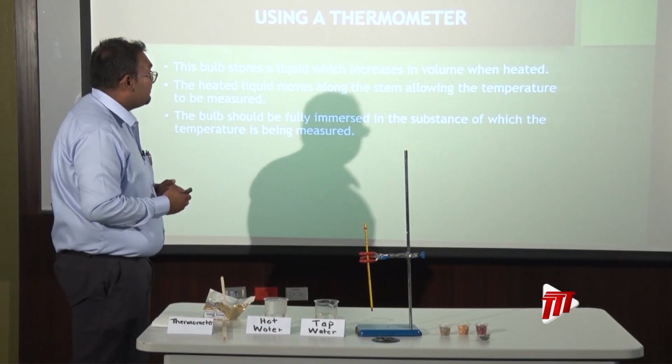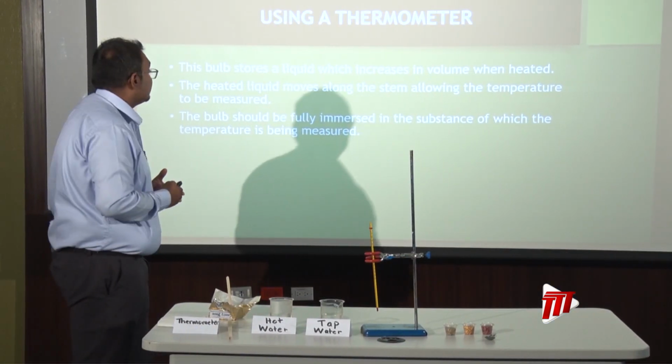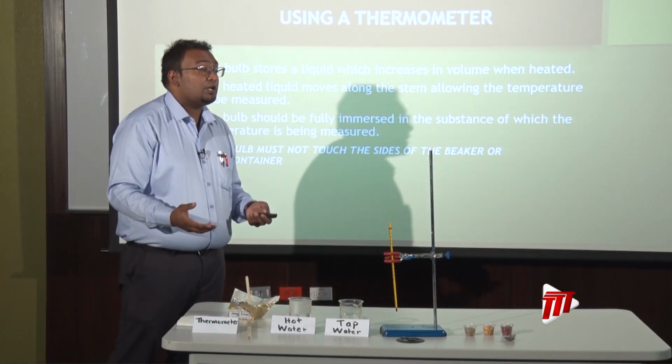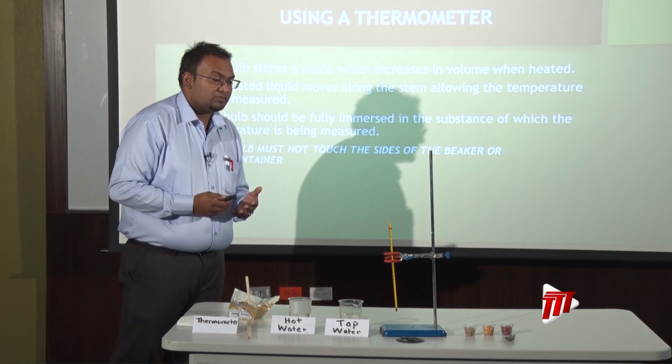In this case, since we are using a laboratory thermometer, the bulb must be fully immersed into the substance it's measuring. Very important, as we'd be using thermometers in the lab, we'd typically be using them in beakers or containers similar in shape and size.